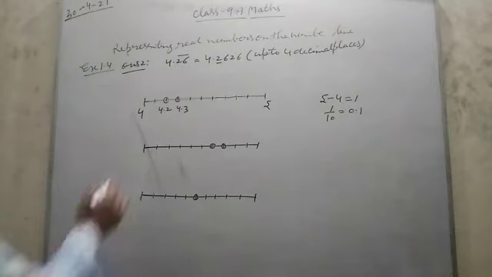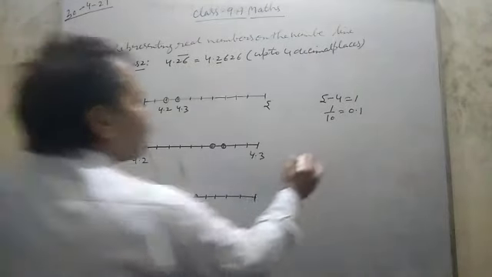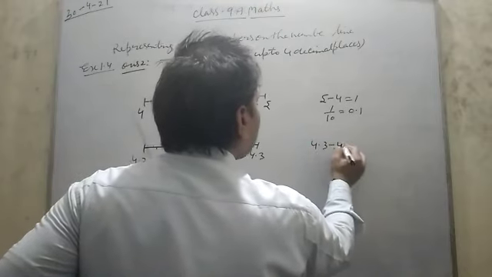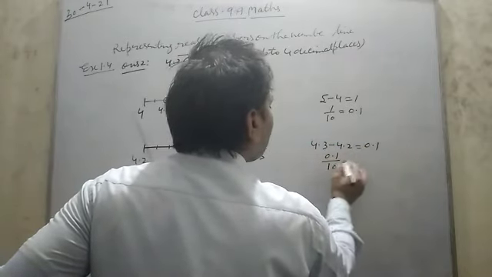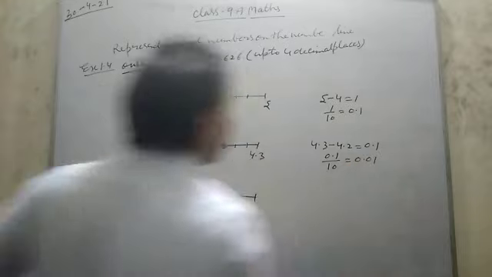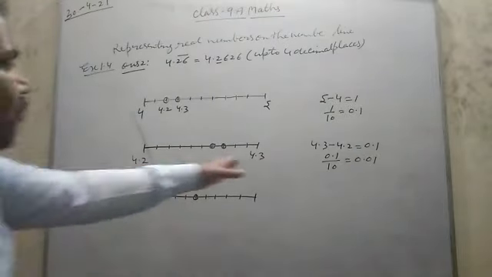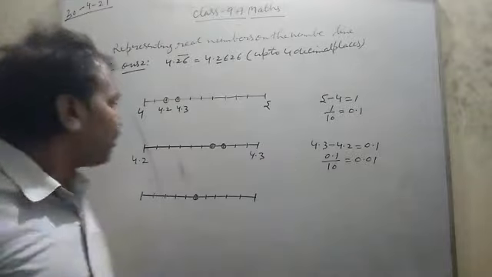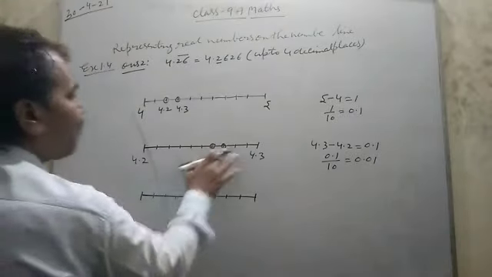Okay. So here 4.2 and 4.3. So find the distance between them. It is 0.1. So 0.1 divided by 10 is 0.01. Which means the distance between 4.2 and 4.3 is 0.1, so that is divided into 10 equal parts. Okay.